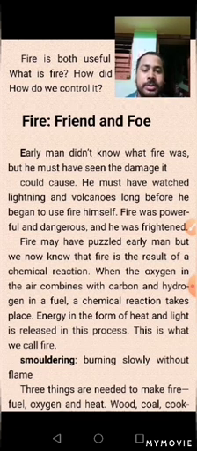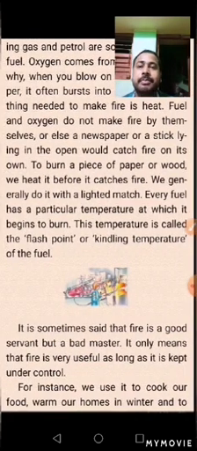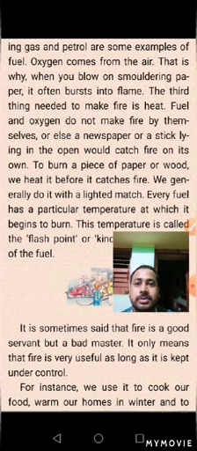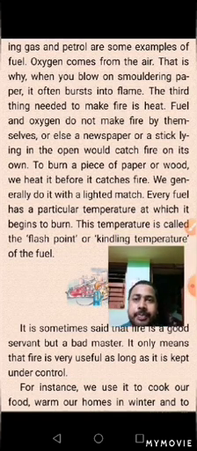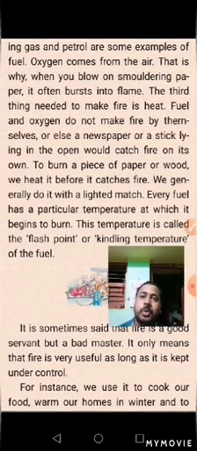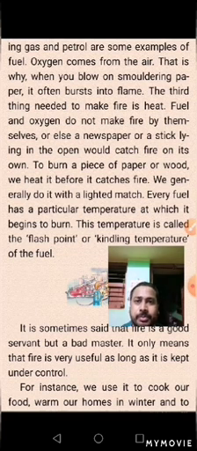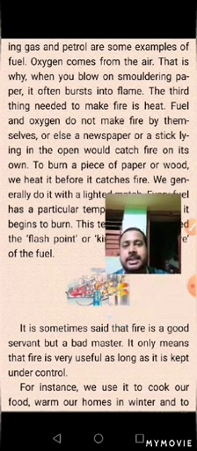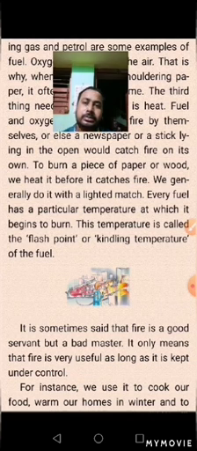So now come to the topic, the common fuels. Some common fuels are wood, coal, cooking gas and petrol. These are some common examples of fuel. The next point is the flash point or kindling temperature of the fuel.